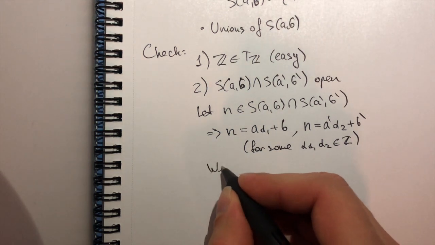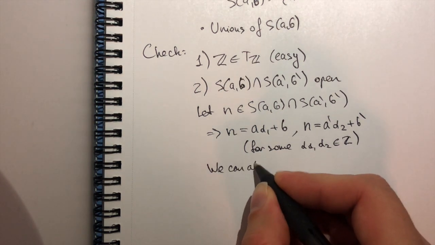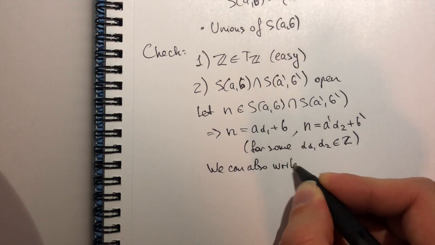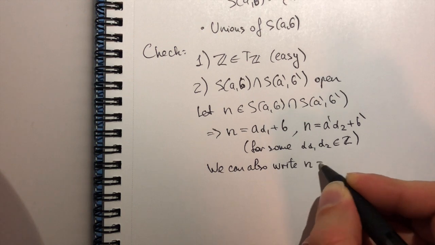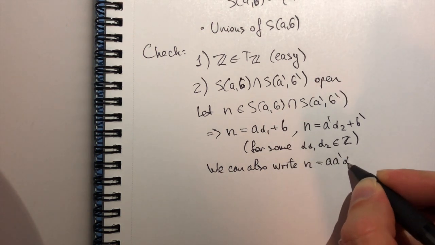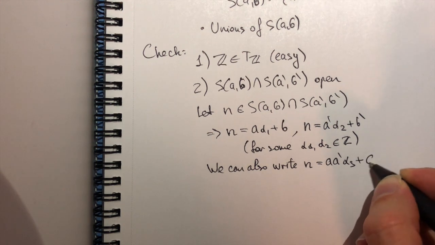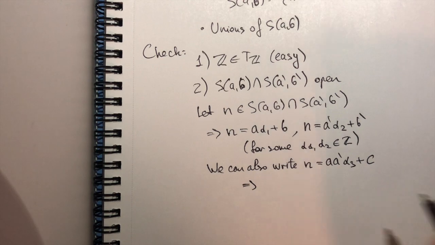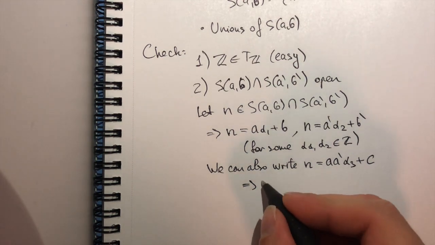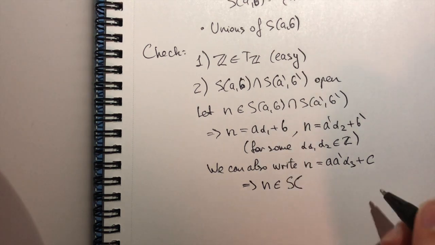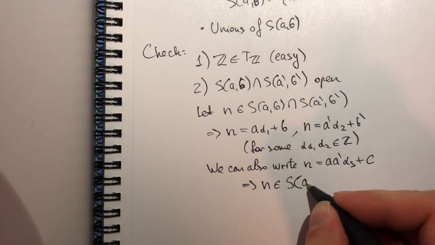So we can also write n as A prime alpha 3 plus C. So this actually shows us that n belongs to an open set of this form.